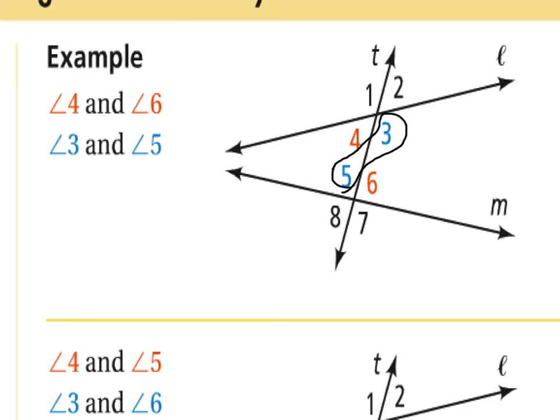These are alternate interior. And then 4 and 6. They're on the inside of L and M. Here's L, here's M. They're inside of L and M, and they're on opposite sides of the transversal. One's on the right, one's on the left. These are alternate interior angles.